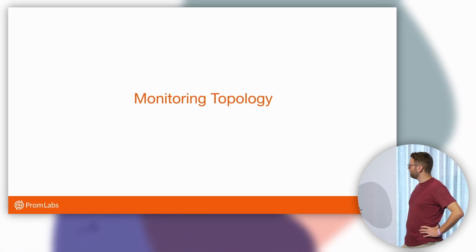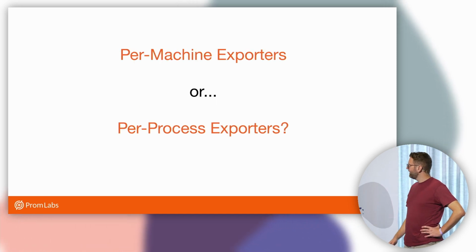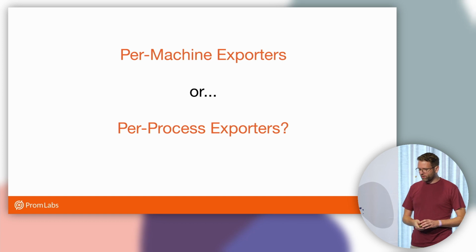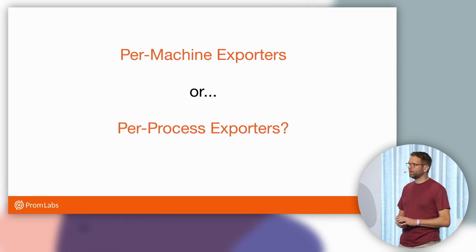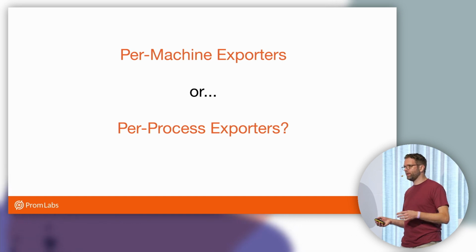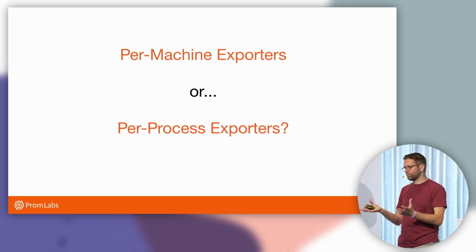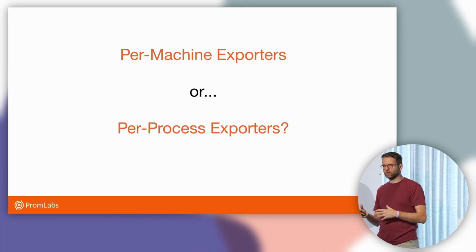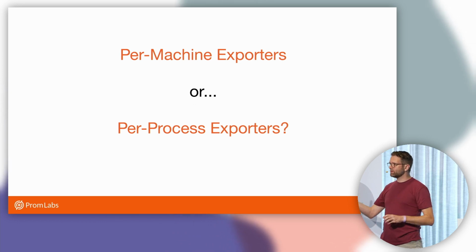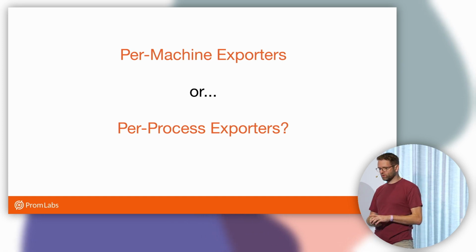Last point here, monitoring topology. About how do you plug in different parts of your monitoring. I actually only have one major point here, which is a thing we see often. There's a temptation for people to build one large exporter that pre-aggregates a lot of data from a lot of different systems and services and hosts, and then Prometheus only pulls once from that centralized big Uber exporter, so to say.